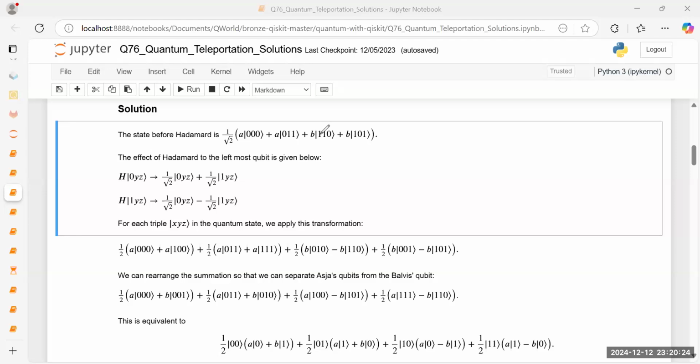Then here we have the Hadamard gate being applied to the 1 state. So we have the minus state. So we have 0 minus 1, so we have 0, the minus sign, and 1 here. And then finally here also, we're applying the Hadamard gate to 1. So we have 0 minus 1.